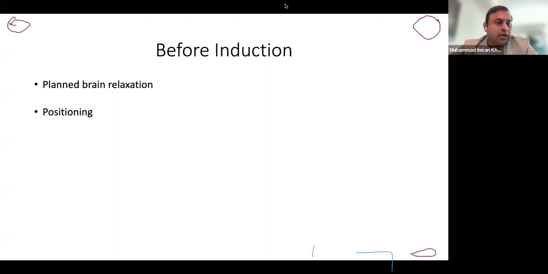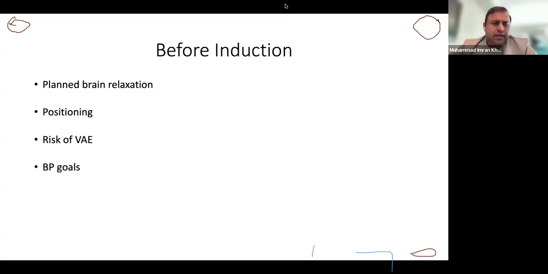The positioning is a joint decision between the two teams, so you have to weigh the risks and benefits from both the anesthesiology as well as the surgical perspective, to finalize what position you're going to go for. Depending on that, there's always a risk of venous air embolism for these surgeries.